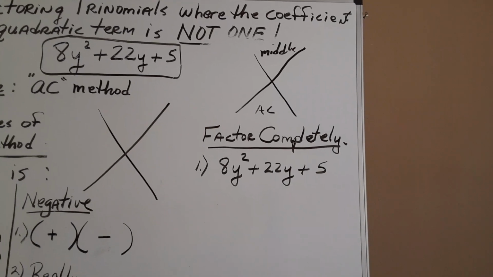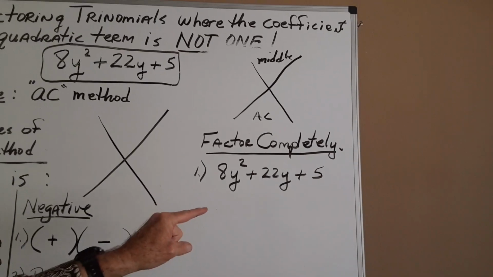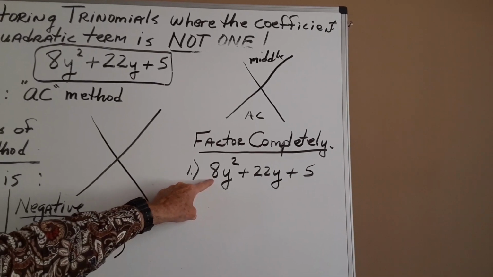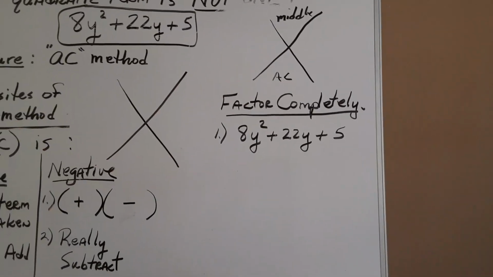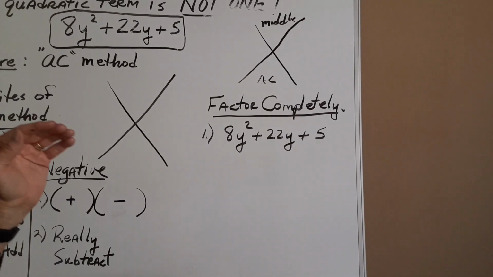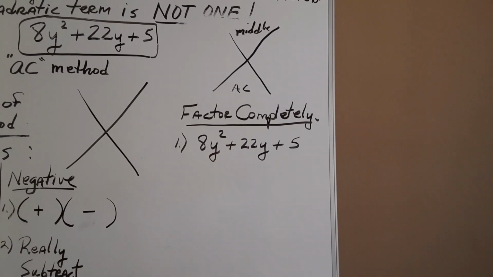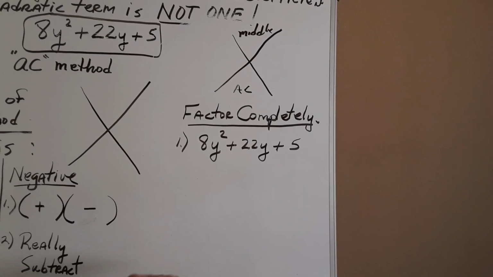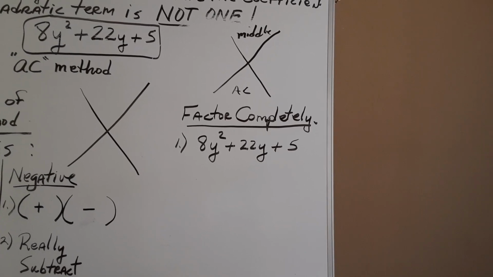Now, people, again, don't jump into the situation and look at this coefficient and say, oh, that coefficient is not 1, so that means I'm going to use AC. You are right. But if this trinomial has a GCF, remember, we have to stay with the techniques that we've already done.